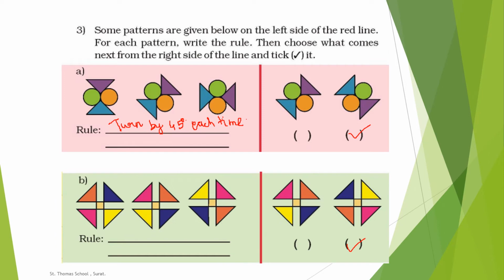So what is the rule that has been taking place? The rule is turn by 90 degrees each time. Clear with this? Like this you have to write it in your textbook itself. Fine, I think it is clear to you.